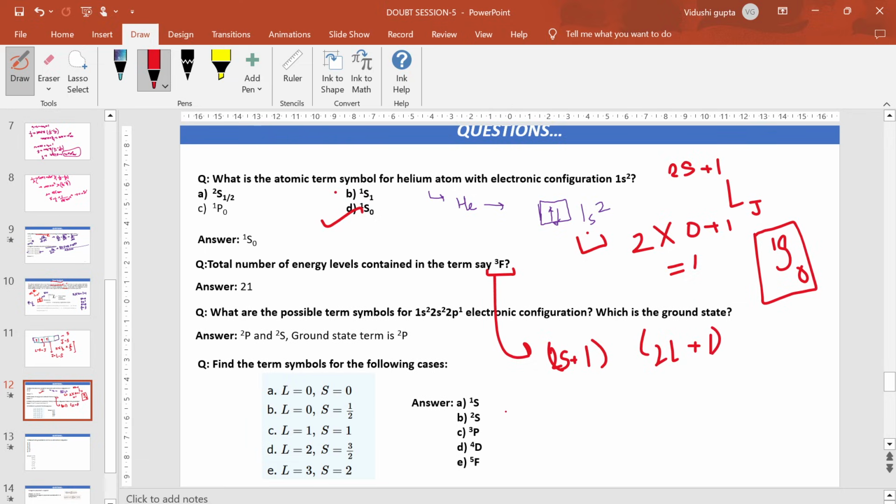Now for 3F, what is L? We discussed 0, 1, 2, 3 is S, P, D, F. So it is 3F. So for F, we know L will be 3.